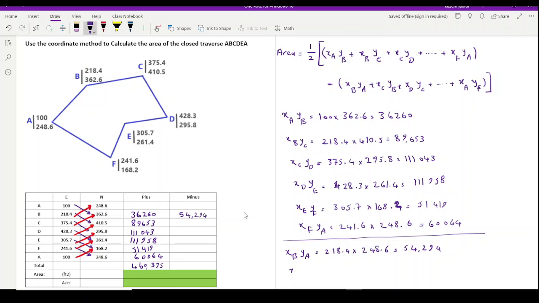Then again, xc times yb. You need to repeat this, and that's equal to 375.4 times 362.6. It's equal to 136,120. I write it in the table again.